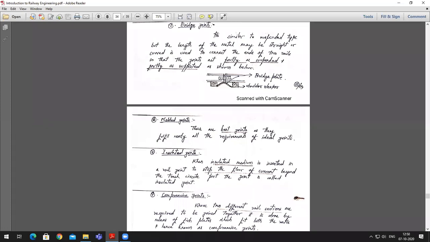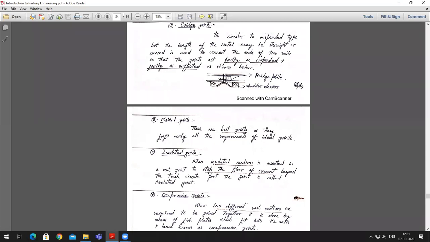Next is insulated joints. When we use electric traction, and I suppose I have already defined what traction is, for the vehicle to move from one place to another, all the components are metallic in nature.